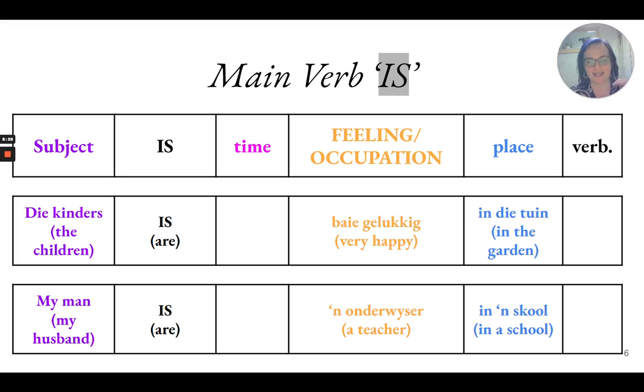"My man is 'n onderwyser", a teacher in a school. I don't know where else you could be a teacher, but yeah, he's a teacher in the school. So "my man is 'n onderwyser", his profession. A waitress, a "kelnerin": "My niggie", my niece, "is 'n kelnerin", a waitress in a café. So can you see the link now?